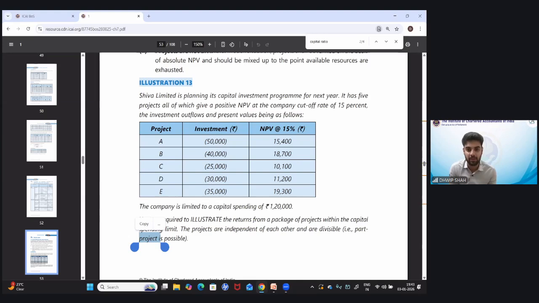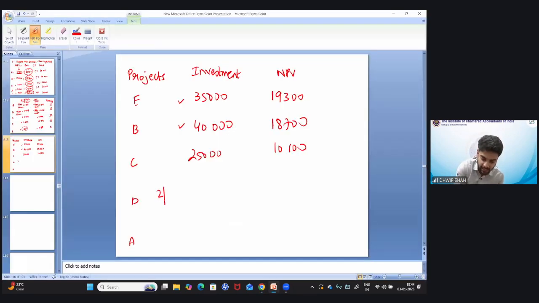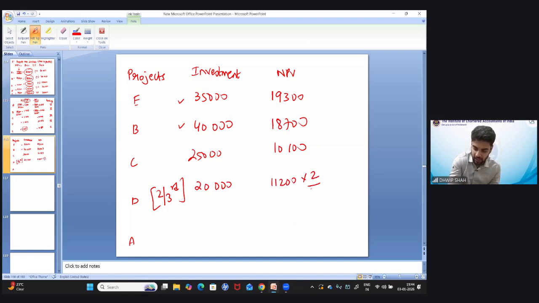Part is possible. ये 30,000 का नहीं ले सकता, but 20,000 तक का तो ले सकता हूं. Yes or no? So in other words, can I say I can take 2/3 of the project, 20 by 30,000? Yes or no? So अगर 2/3 of the project आपने लिया तो NPV will also be 2/3. Are you following this? पूरा NPV नहीं generate होगा, 2/3 of the NPV you will be able to earn.